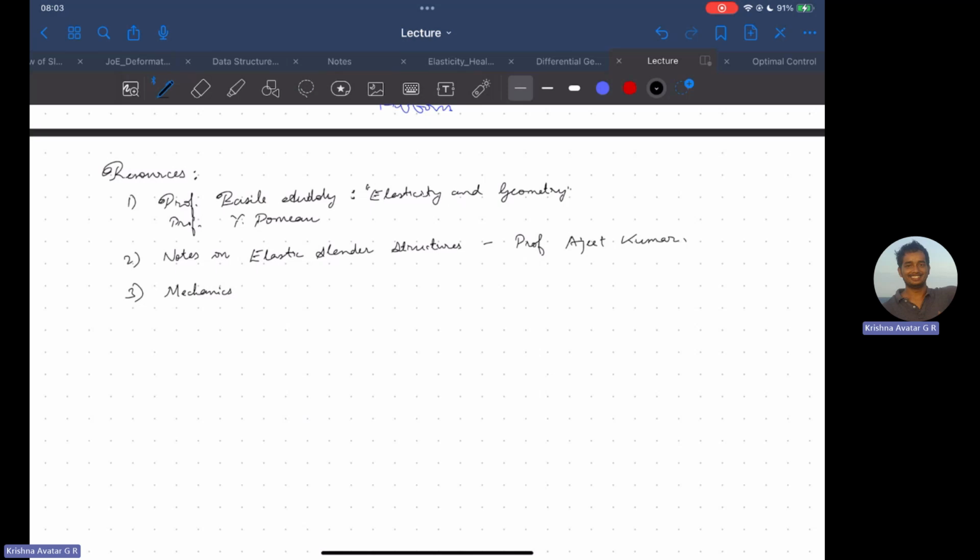More precisely, it's known as Modeling Nonlinear Problems in the Mechanics of Strings and Rods.